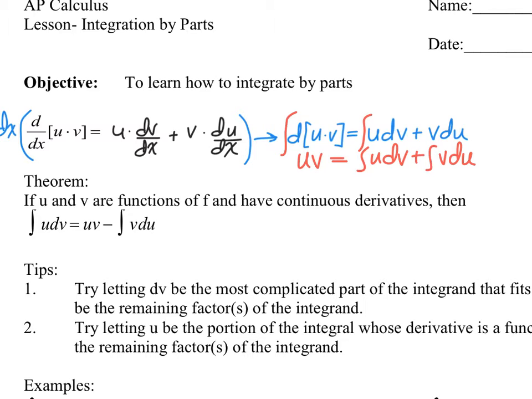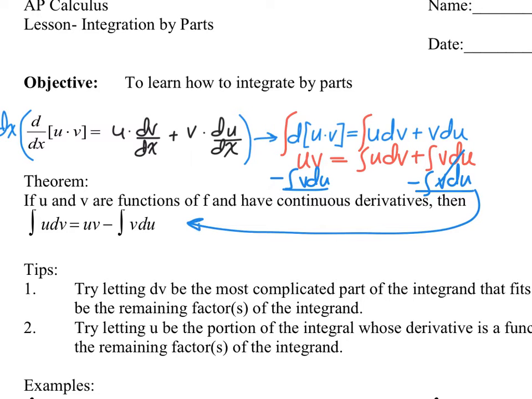Because our rule, this integration by parts theorem, is this equation solved for the antiderivative of u dv. So all I would have to do is subtract off the integral of v du from both sides. And we arrive at this.